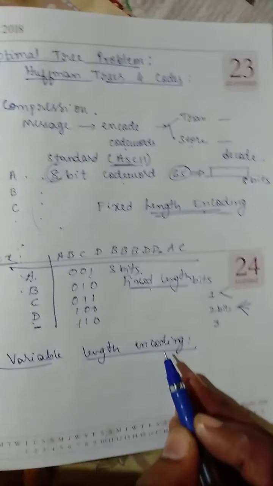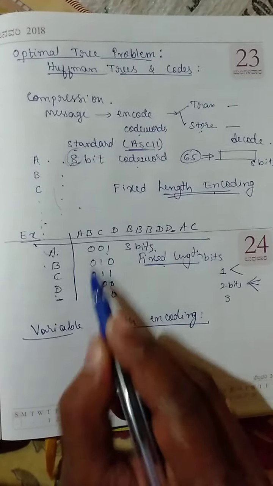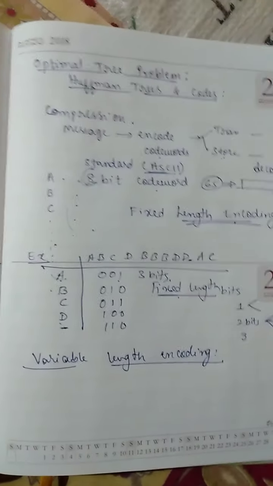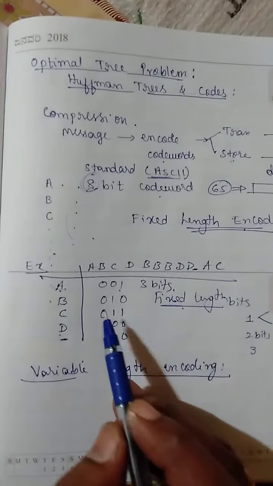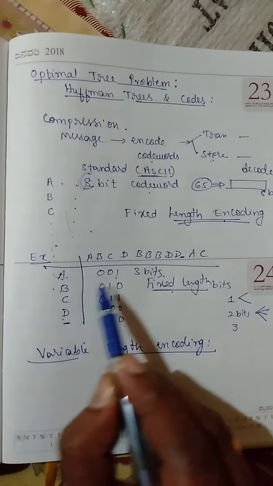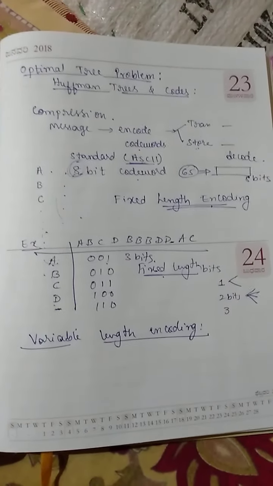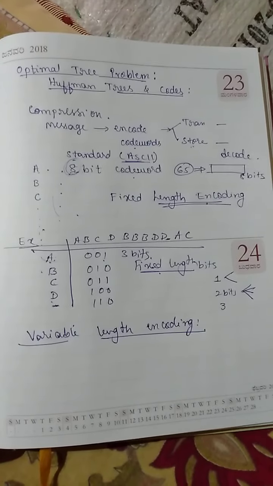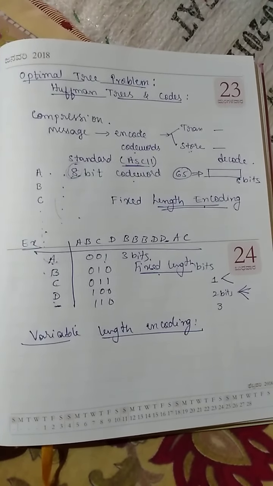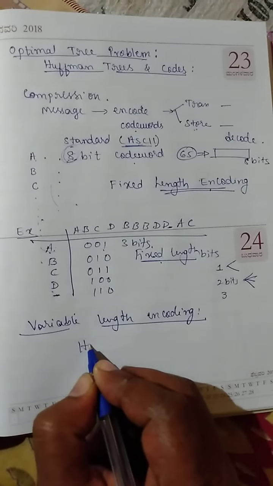In variable length encoding, we have code words of different lengths for different characters. Which is the best way to construct the variable length encoding? It is Huffman coding.